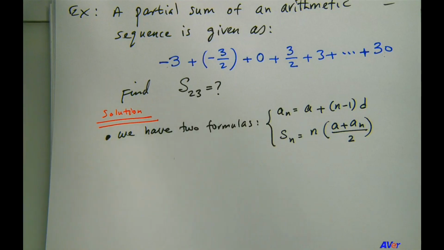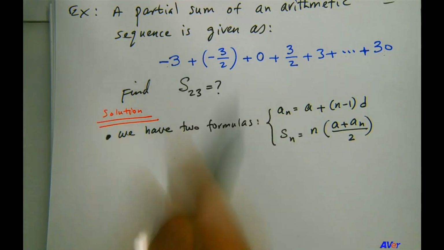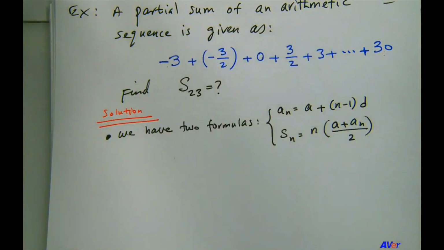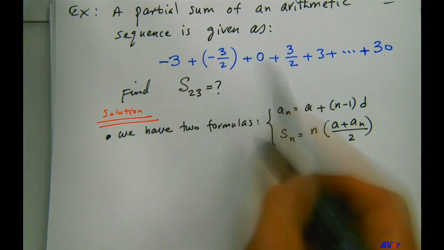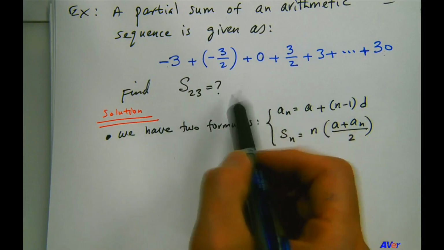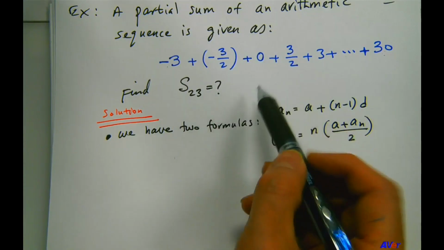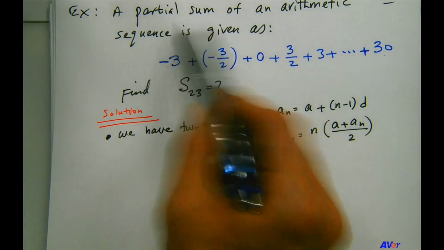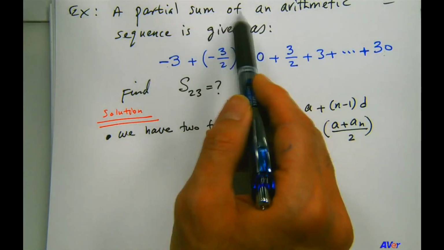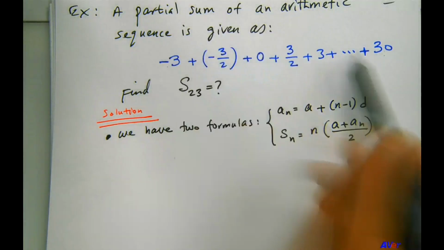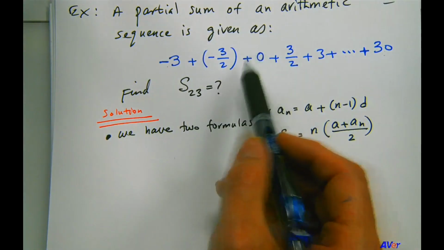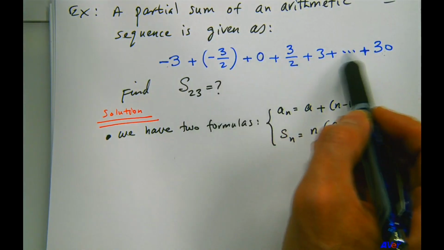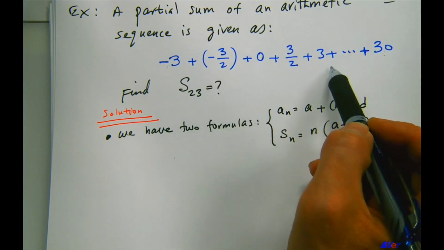I see. So this part, guys, you're not seeing my notes that I have here, and these lecture notes are based on those. Apparently, the question says a partial sum of an arithmetic sequence is given as this. They don't tell us how many missing numbers there are here.